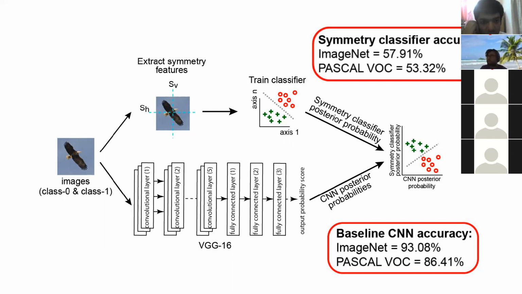And what we find is that the classification accuracy here is significantly above chance: 58% on ImageNet and about 53.3% on Pascal VOC. So there is some information about these various classes of images in the symmetry features.